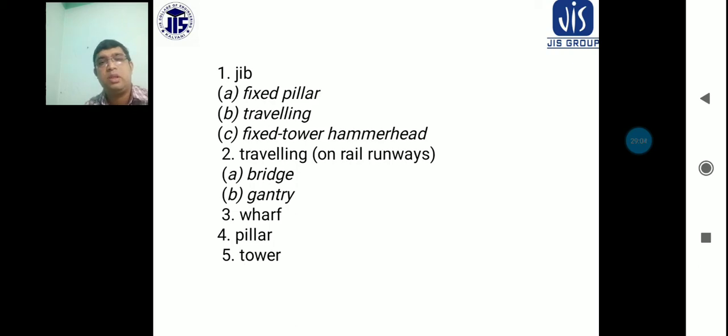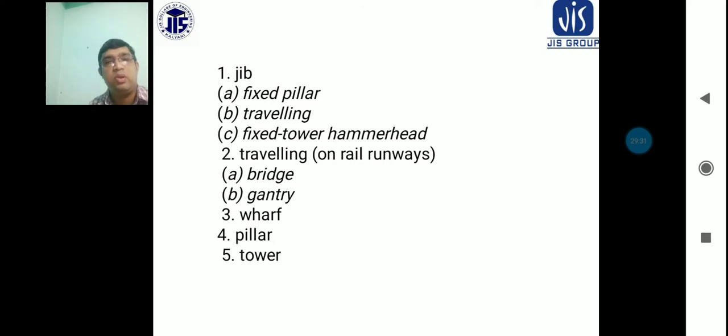And another one here is the tower cranes. We can see tower cranes in multi-floor building construction, in multi-complex buildings. When you see buildings of 22 floors, 20 floors, 15 floors, materials are required to reach the different floors from the ground floor.